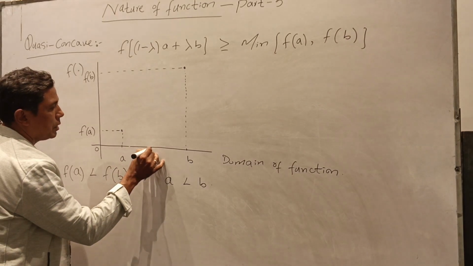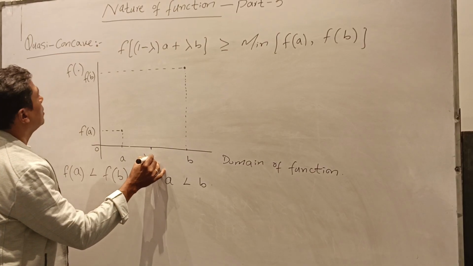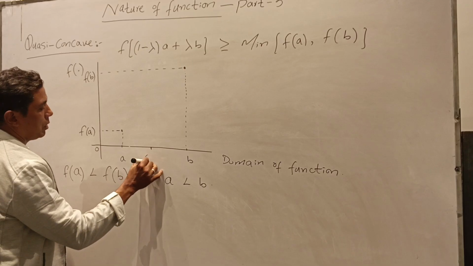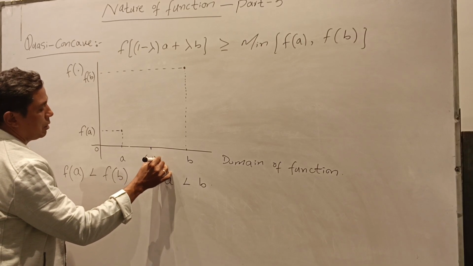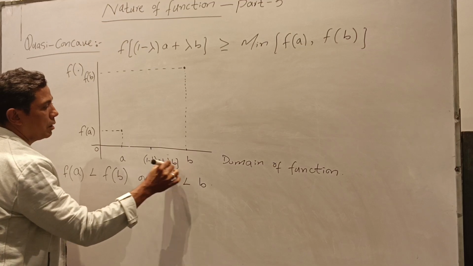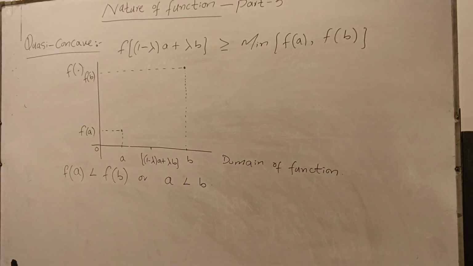So the linear combination will be here: (1 minus lambda) a plus lambda b. Clear? The linear combination will be this one.